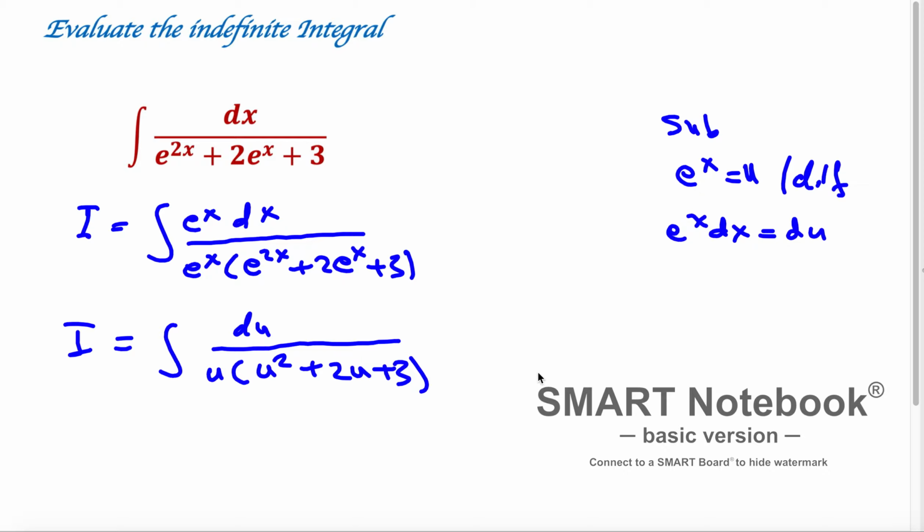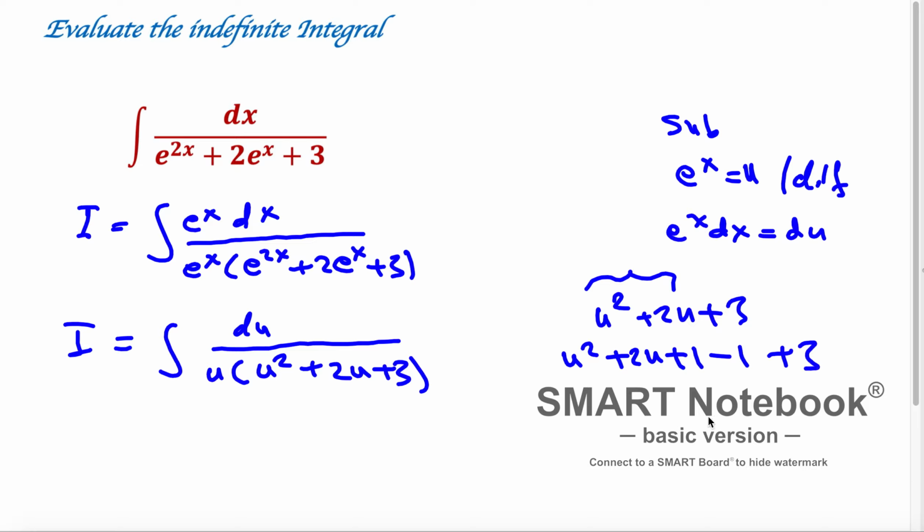plus 3. But now I am going to make another substitution. I am taking this expression, u squared plus 2u plus 3, and I am completing the square just in this part here. Here is u squared plus 2u plus 1 minus 1 plus 3.